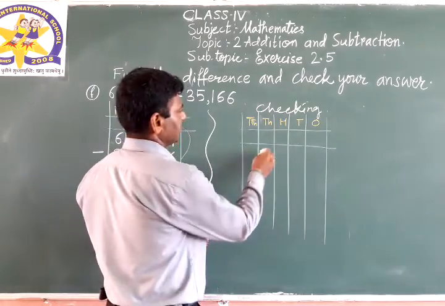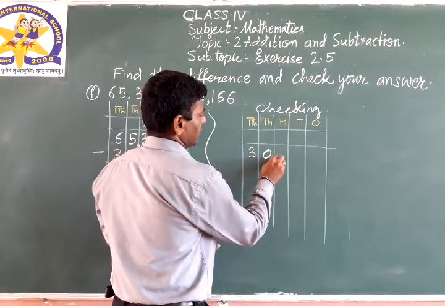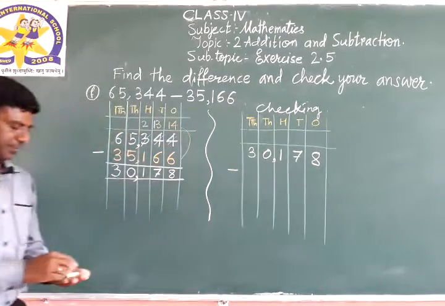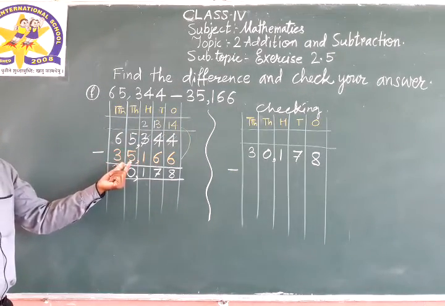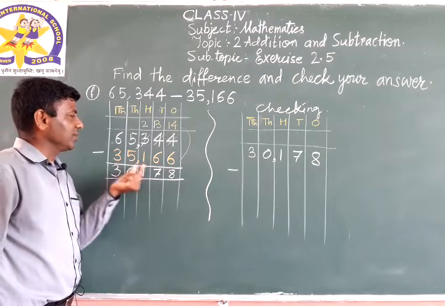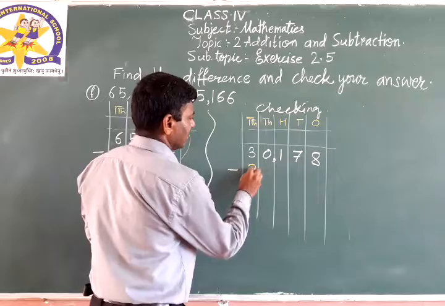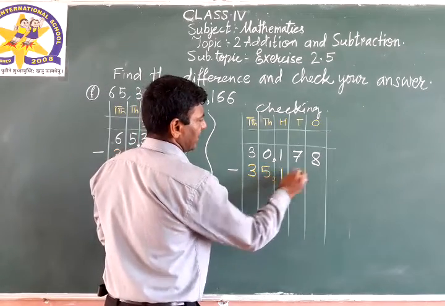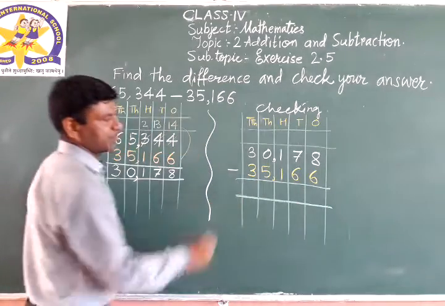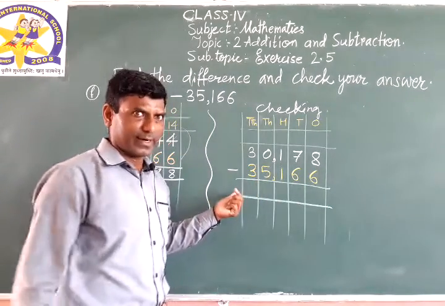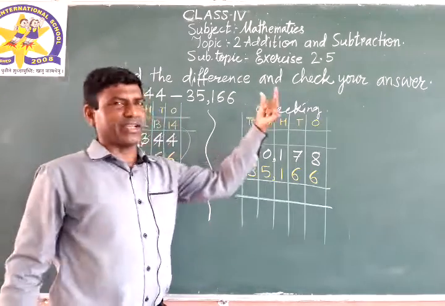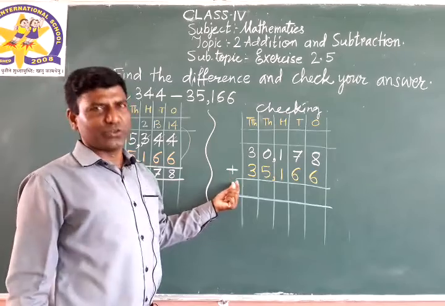Right? 30,178, then add 35,166. Now, subtraction or addition? Don't forget, it's a checking method. Addition should be there.